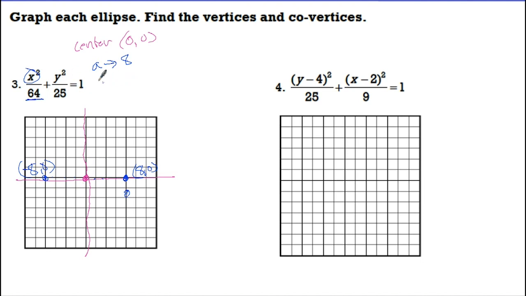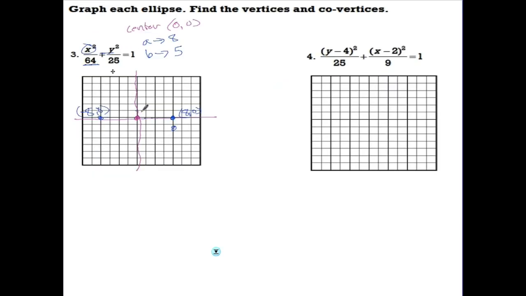And then letter b stands for the distance from the center to the co-vertex, and that's the square root of 25, which is 5. So it's 5 units in this direction. So now my co-vertices, letter b says 5 units from the center. So 2, 4, 6, 8.